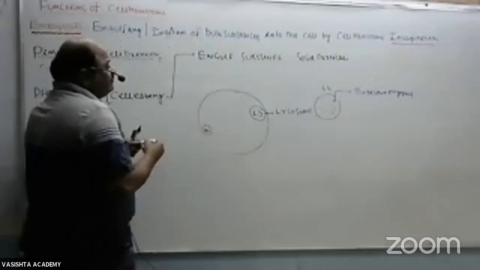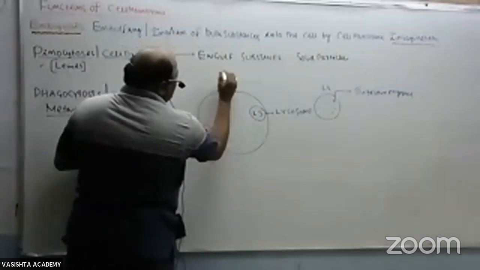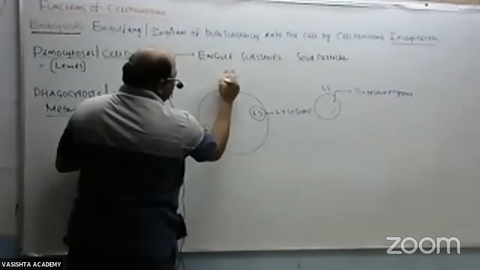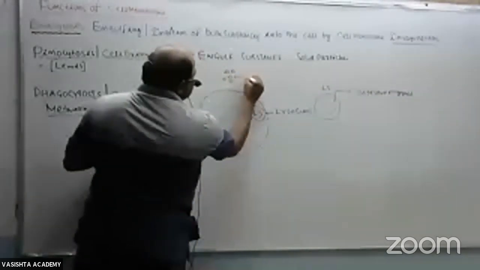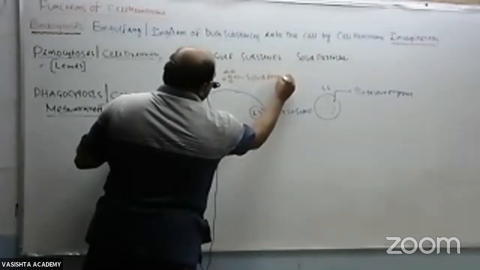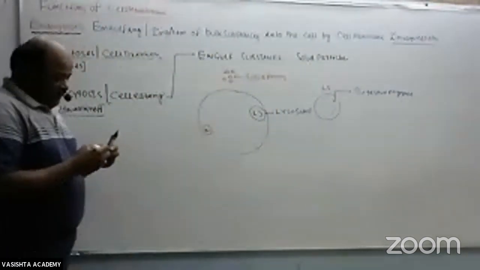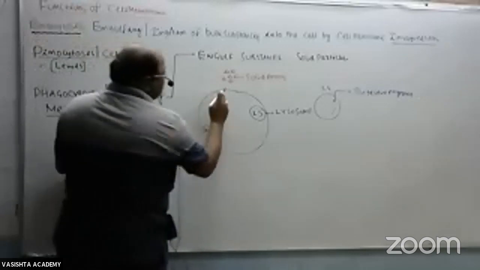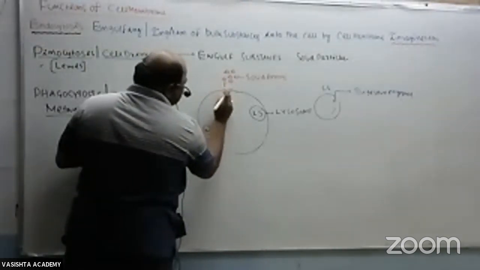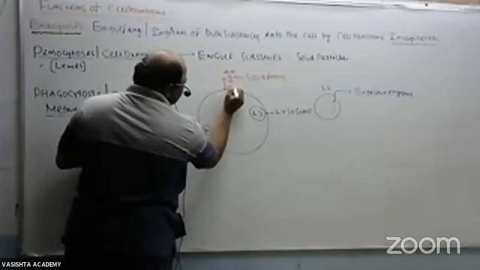Now here, this is the cell membrane. Outside, the substances are in solid form. They are solid particles. These solid particles are absorbed by the cell membrane.